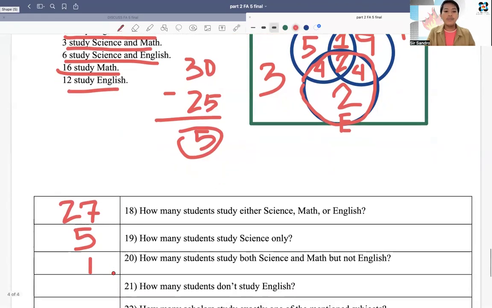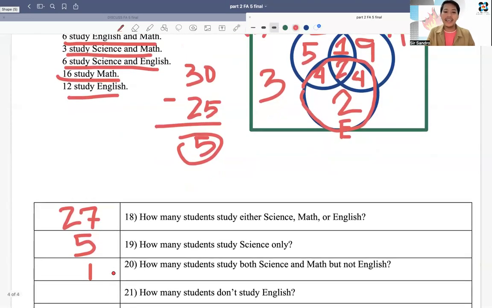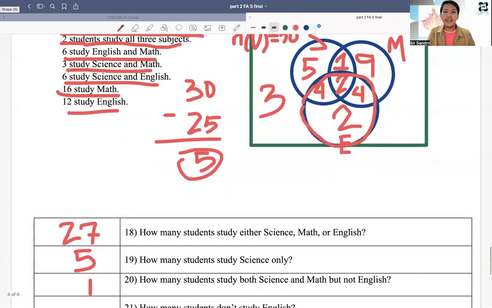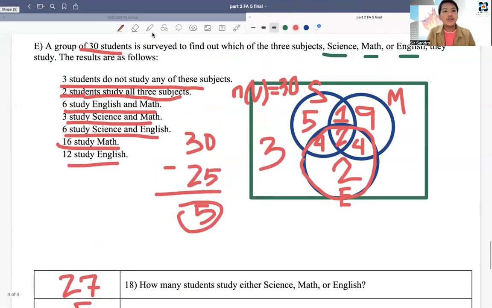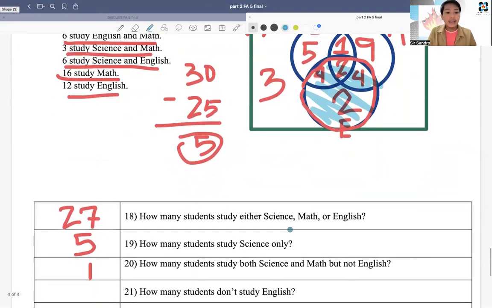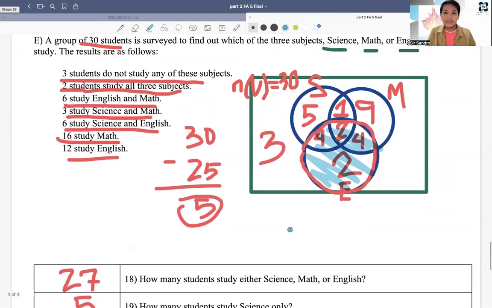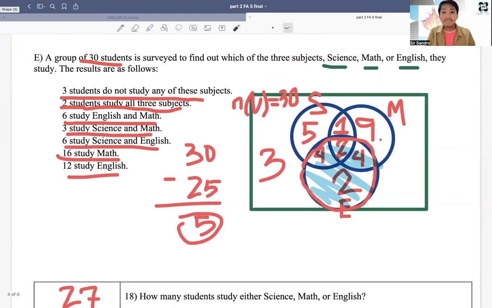For number 21, how many students don't study English? I'll color this. This is the entire English. They study English, so we have to get the complement of English. Everything outside E. Because our question is how many students don't study English? A lot of scholars would just count 9 plus 1 plus 5, and they forget the 3 outside.